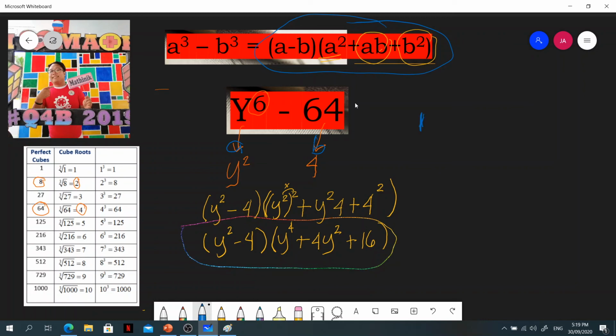So we only have to follow some steps. If we were able to identify the given as to be factored by difference of two cubes, ang una nating gagawin ay, 'di ba? Get the cube roots. And then use the formula.